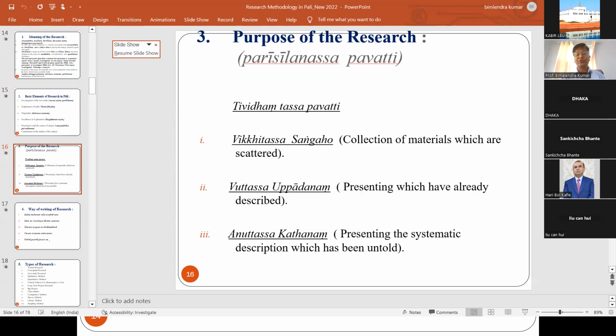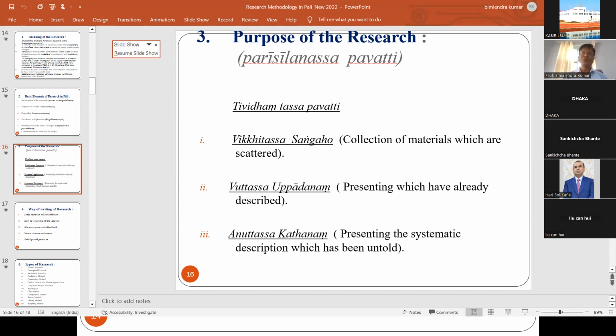Now we are going to discuss what the purposes of our research are. There are three types of research which have been told in our text also. So here we are taking the term parisilanam.